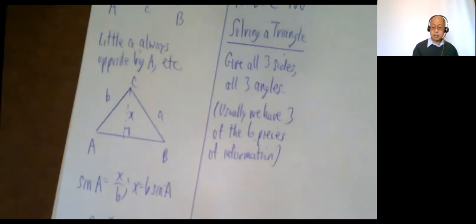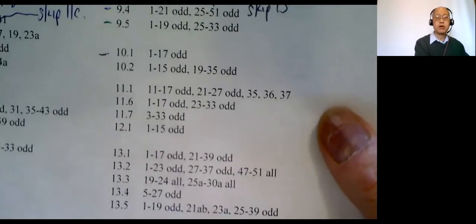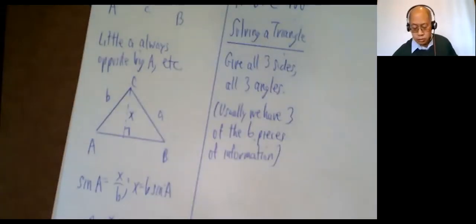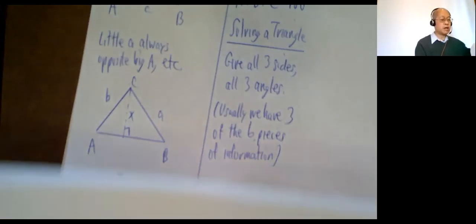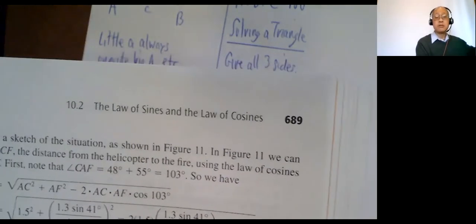Okay, so let's get our feet wet. All right, so 1 to 15, 19 to 35, section 10.2. Let me show that to you for those who don't have the book and aren't planning on getting it. So page 689.